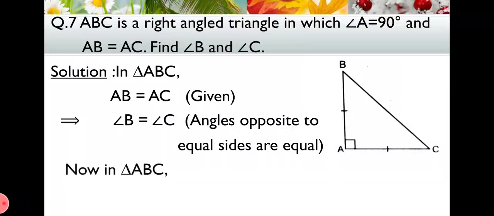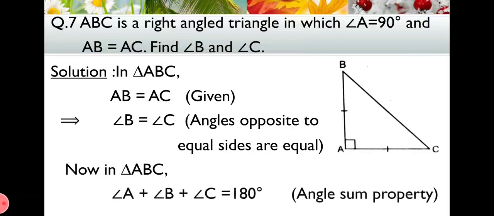Now in triangle ABC, angle A plus angle B plus angle C equals 180 degrees according to the angle sum property. We have learned that the total sum of all the three angles of a triangle is 180 degrees. So we write angle A plus angle B plus angle C equals 180 degrees.